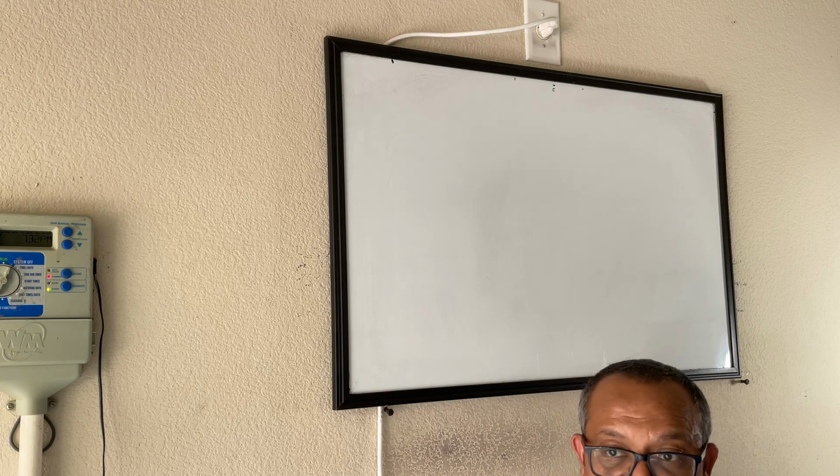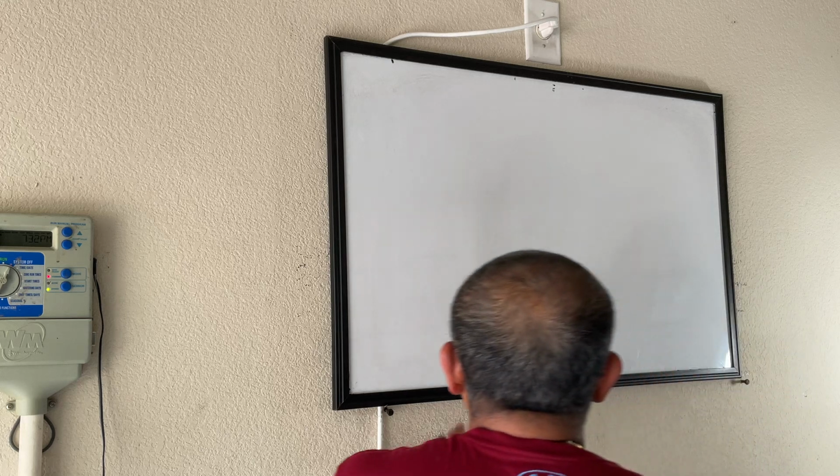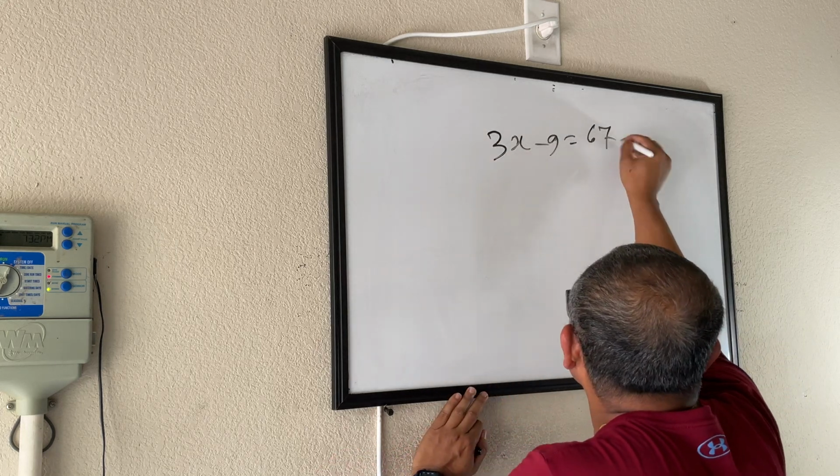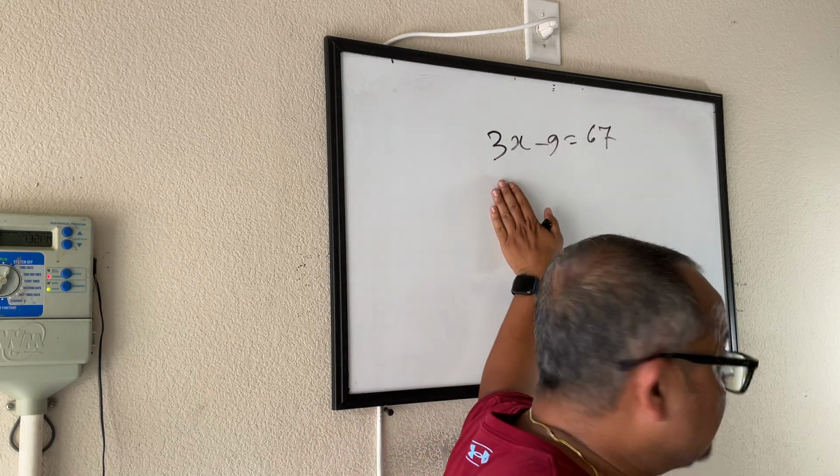Now, is one linear equation enough for us to solve it for more than one variable? You need as many equations as the number of variables. So, if I say I have an equation 3x minus 9 equal to 67. This is one equation.